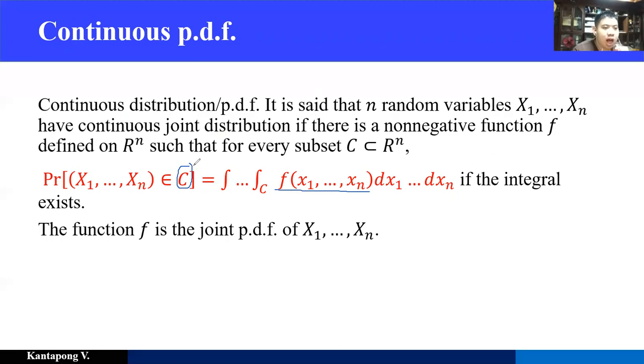But now it is a subset of Rn, that is, if this one is an element of the big C. Not the department store, it's the capital letter C. So this is the indication with the C here.